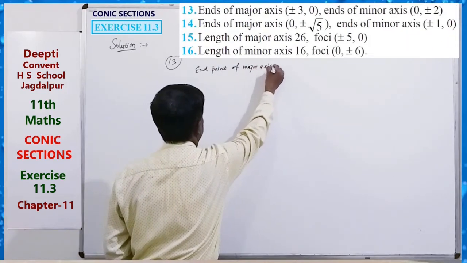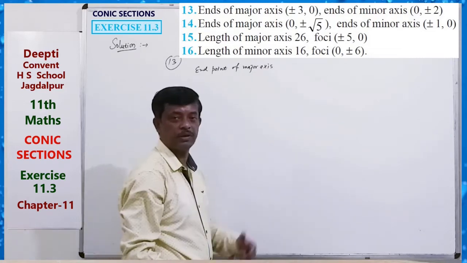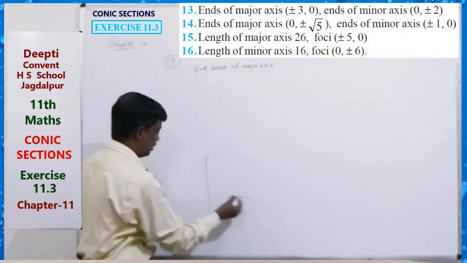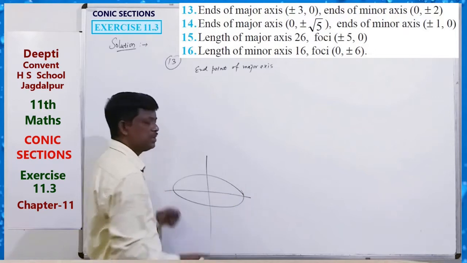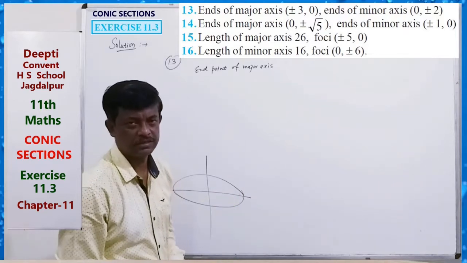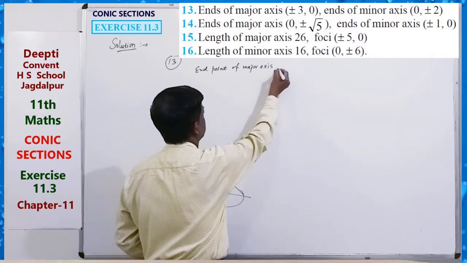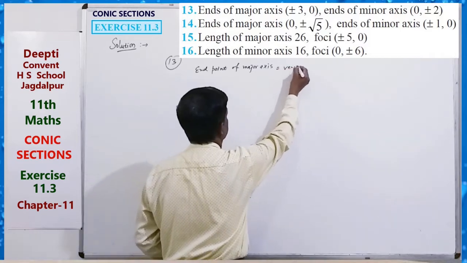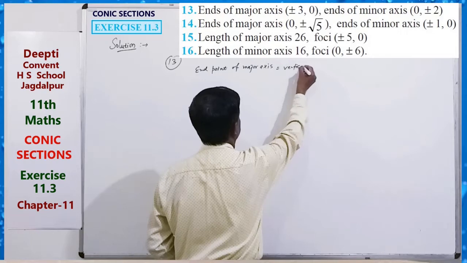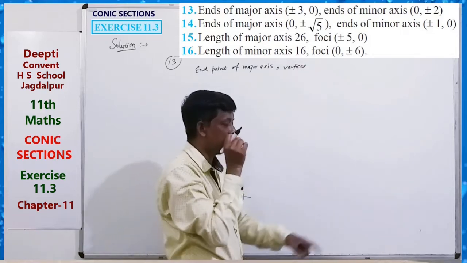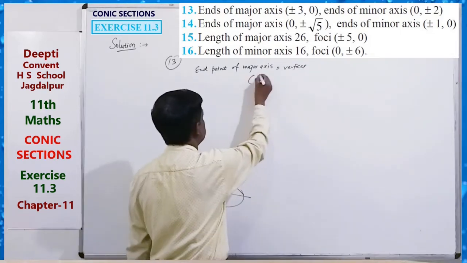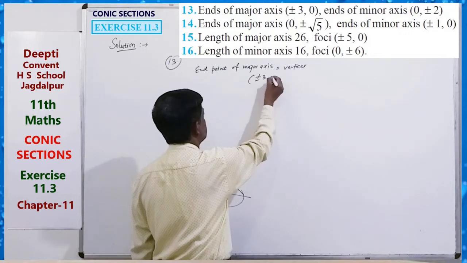The endpoints of the major axis, you know what that means? The endpoints of the major axis mean vertices. What is given? Endpoints of plus minus 3, 0.